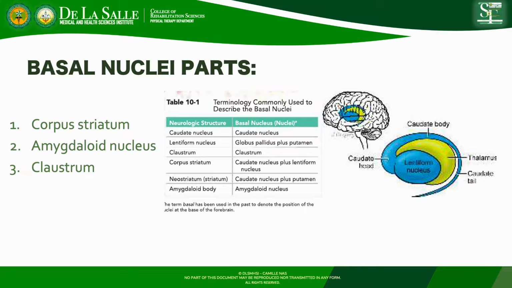These are just mentioned as a name to identify the neurologic structures of the basal nuclei, but the more important parts would be the actual nuclei that make up your basal nuclei. And these are the caudate nucleus, the globus pallidus, the putamen, the claustrum, the caudate nucleus plus lentiform nucleus or the lentiform nucleus, and we have the amygdaloid nucleus. So these are the more important structures that we need to discuss in this topic.